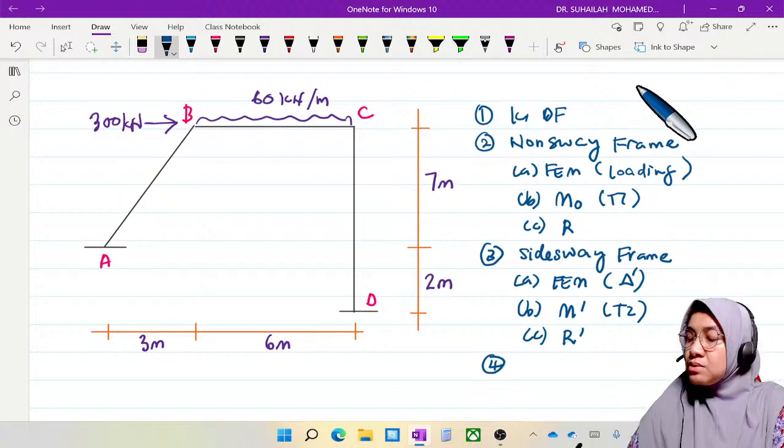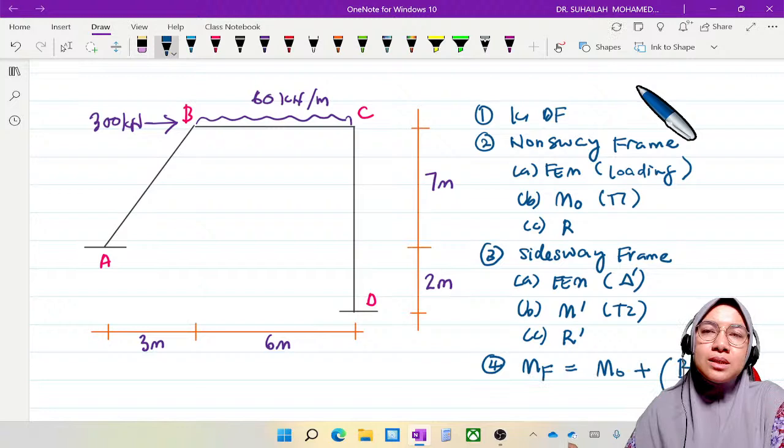So the final end moment, let's say the label is M final, will be equal to M naught plus R divided by R prime times M prime. These are the procedures.